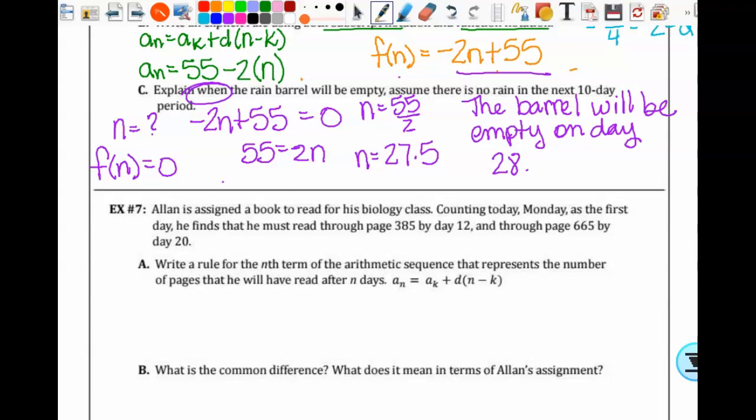I would imagine if you said halfway through the 27th day, that would probably be acceptable, but again, we're talking in whole numbers, so I think this makes the most sense.